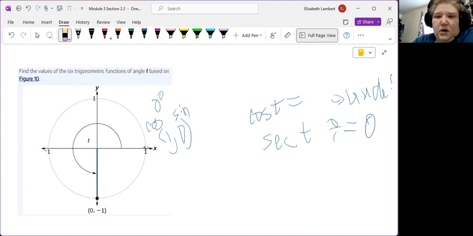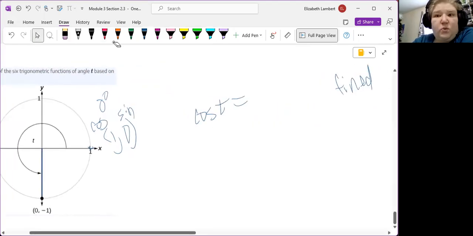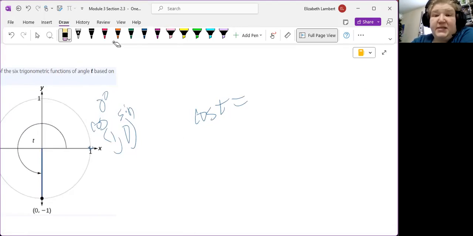Wow, okay. Let's just scratch that. My brain went la la la. You guys are probably like, whoa, she's tired. Whew, cosine is just the x. The x is 0, so the cosine is 0. It's secant that is undefined.